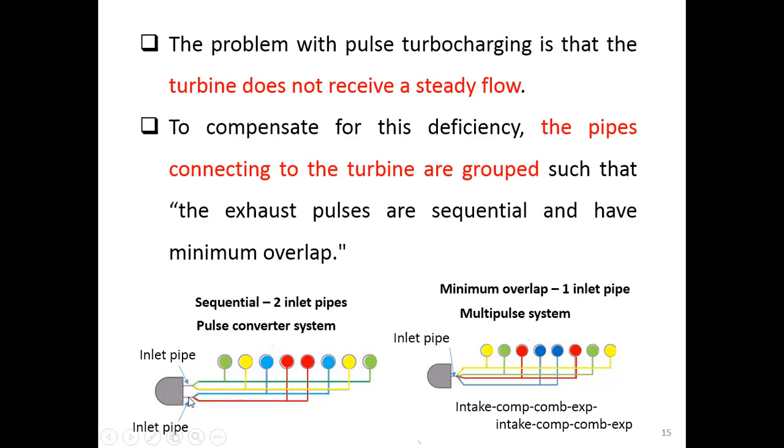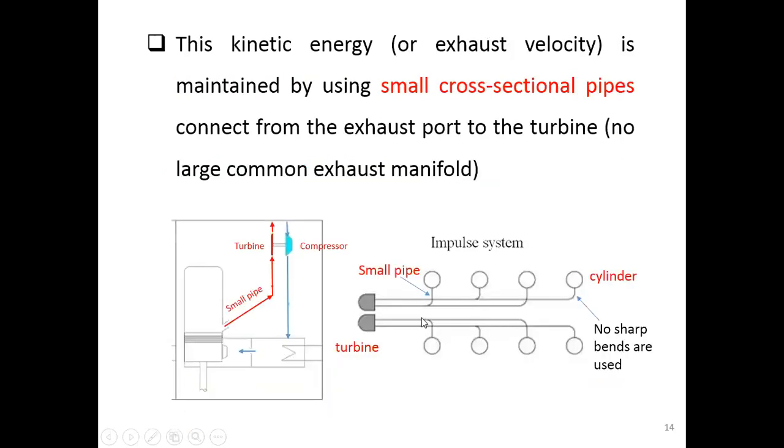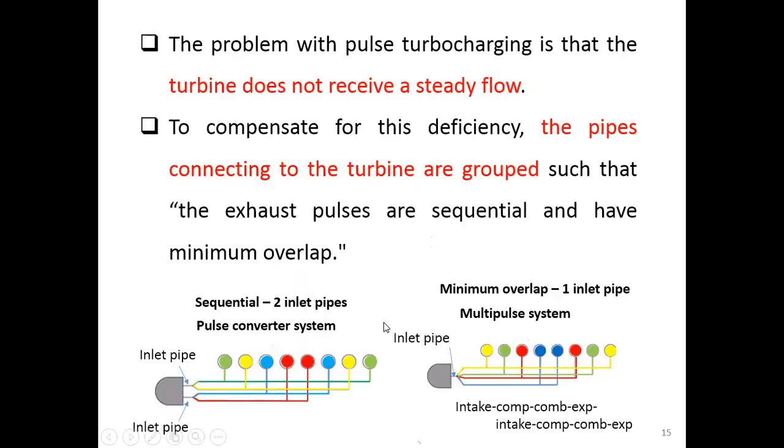And we still have four pipes here. We have four pipes here, but we do not have all four pipes going to the turbine. Here we have only two inlet pipes to the turbine, but still have four pipes here.